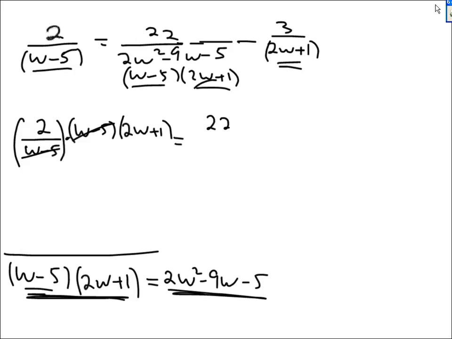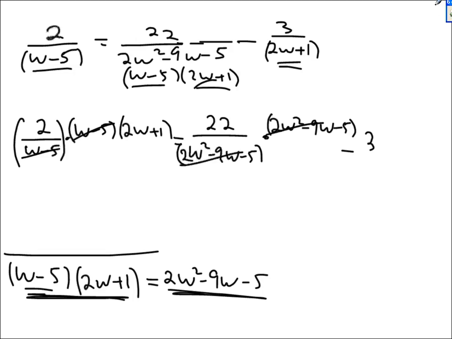Equals 22 over 2w squared minus 9w minus 5. In this case, I'm going to write down 2w squared minus 9w minus 5. Because then I can easily see that canceling. And for the last one, I'm going to write w minus 5 times 2w plus 1.